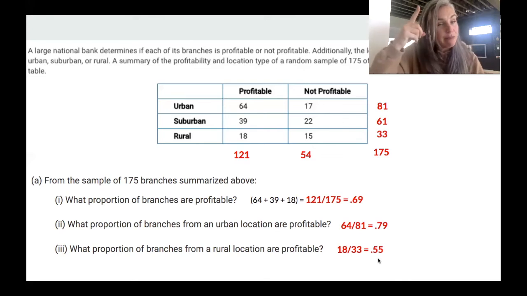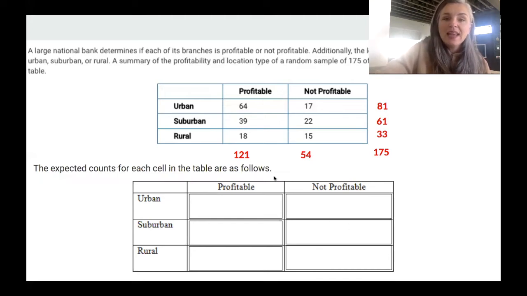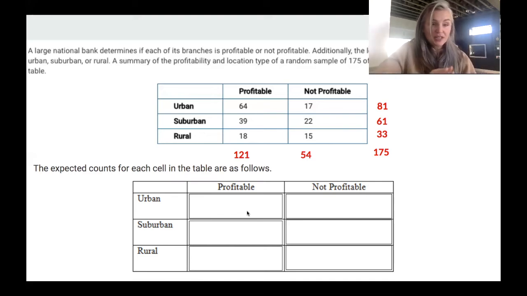Okay, remember. Okay, so now the quick lesson for today. If I wanted to know the expected counts for this table, if I wanted to know what I should expect to see, not what I did see, not what I observed, but what I should expect to observe, for example, for a profitable urban bank based off of all the other information, then I do row times column divided by total.